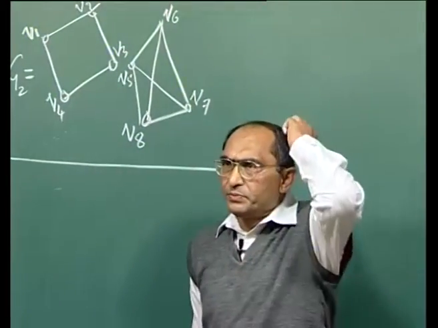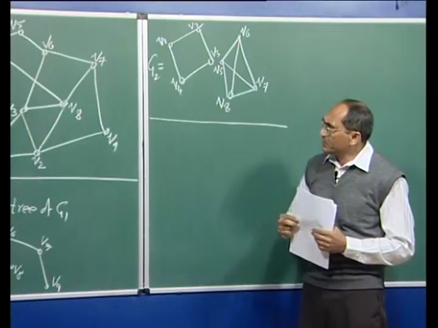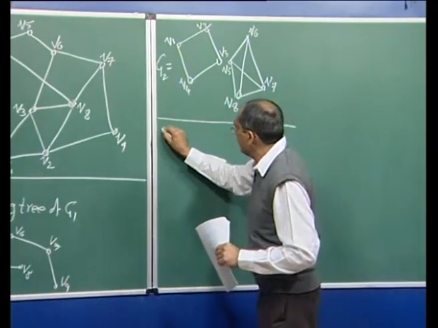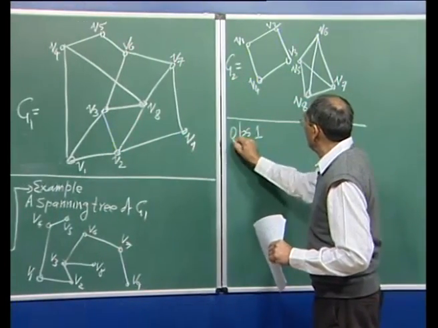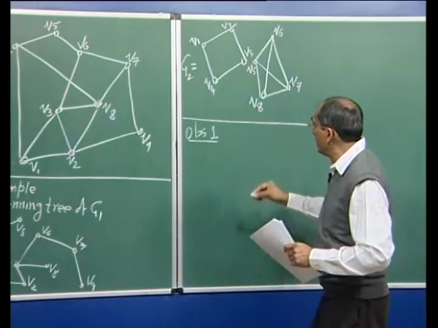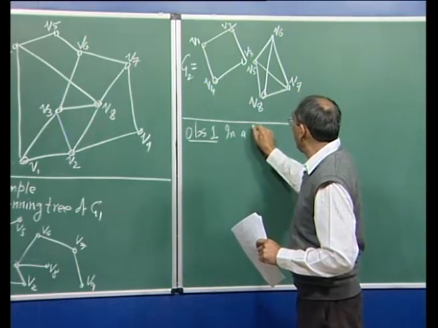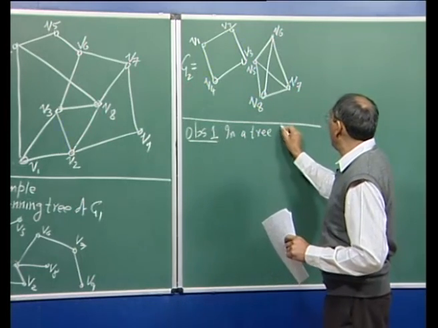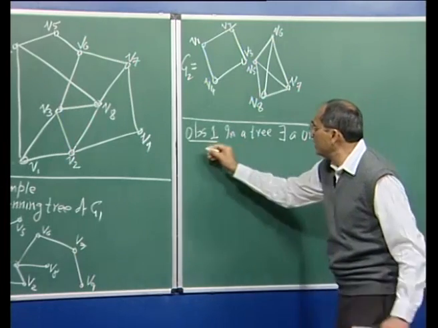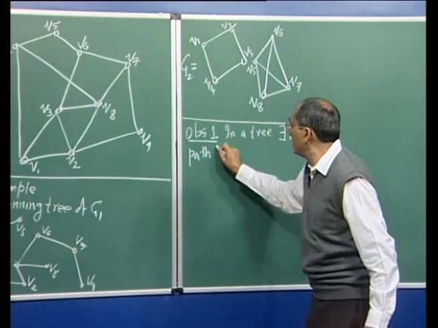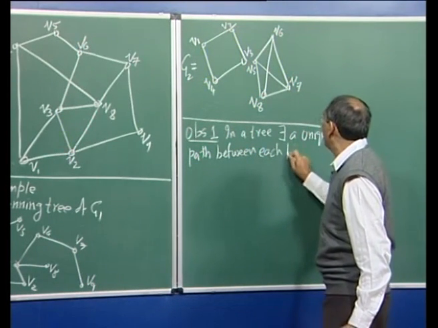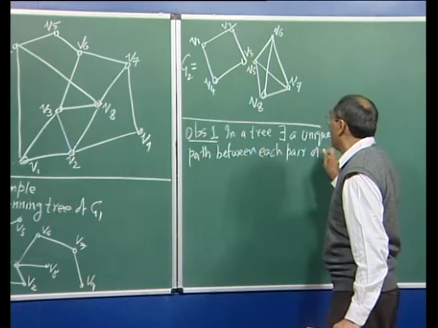Now, I am going to state a few observations regarding graphs using only these notions. First observation is that in a tree there exists a unique path between each pair of vertices.